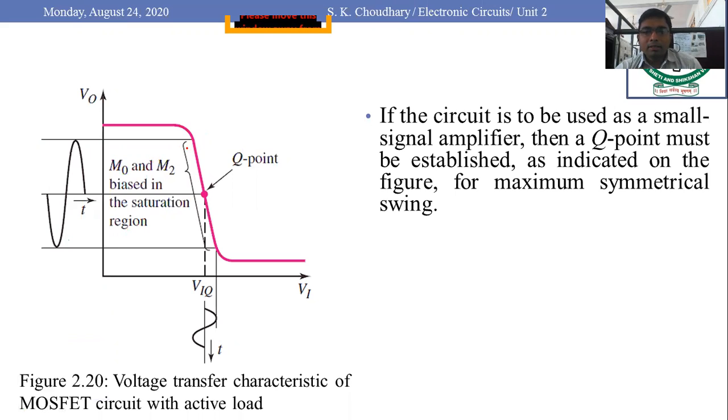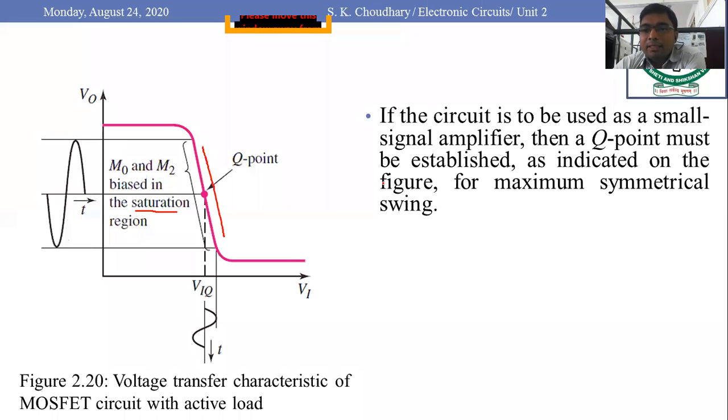This is the region where both transistors, driver and load, M0 and M2, are biased in the saturation region. Here M0 is cut off and M2 is in non-saturation. Here both are in saturation. Here again M0 is in non-saturation and M2 is cut off. But this is the region where both transistors are in saturation.